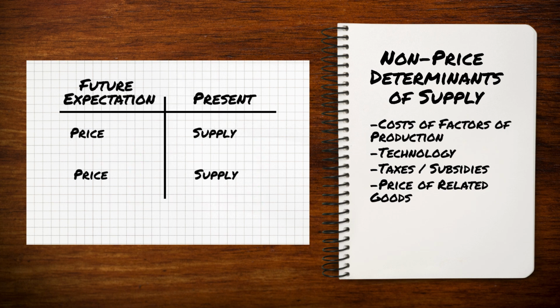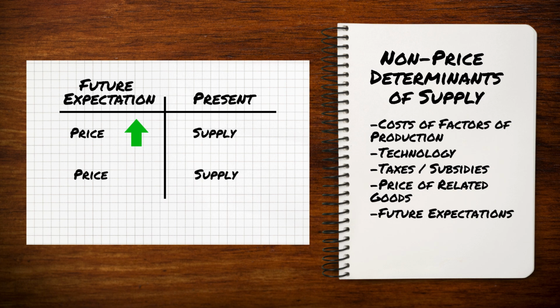As we learned in the previous video, future expectations can affect demand in the present. For example, if you know the price of a product is going to get more expensive in the future, if you can, you'll buy it now while it's still cheap and before it gets expensive. But what would you do if you were the seller, not the customer? The exact opposite. So if you think the price of your product is going to get more expensive in the future, instead of selling now, you'll wait until the price goes up, so you'll make more money.